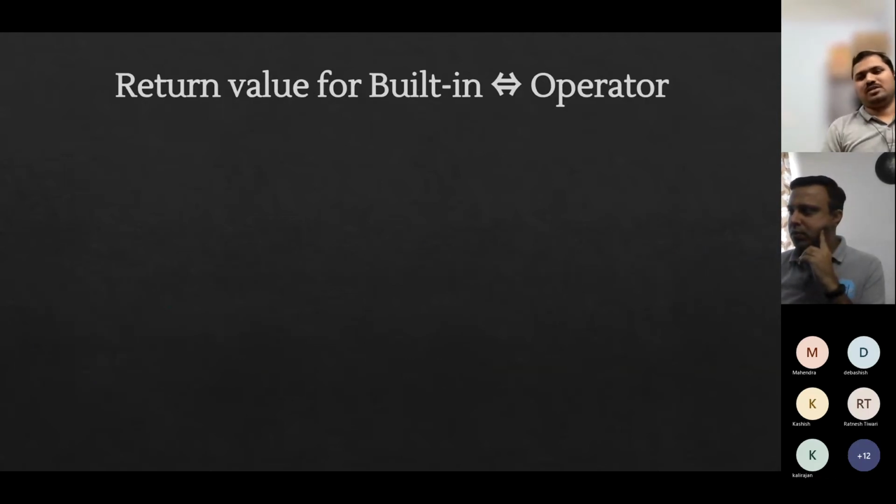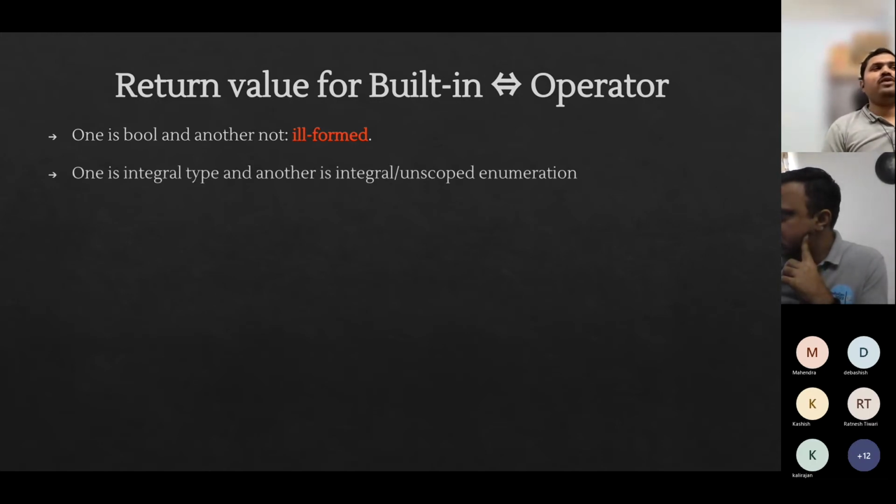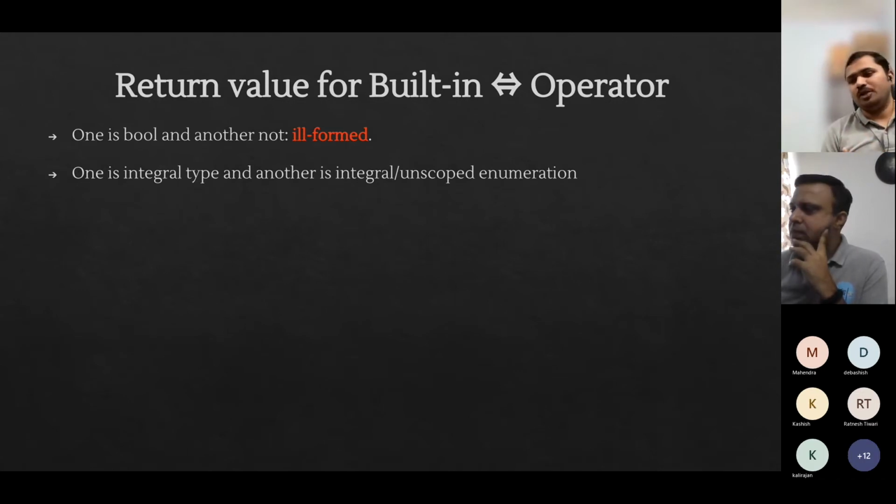We'll go through once the return value for built-in operators, and then we'll go for some questions and some more code. So for example, if you are comparing two operands here, and one is a bool and another is not, then the program is ill-formed. It needs to be both bool or both not bool. If one is an integral type and another is an integral type or unscoped enumeration.